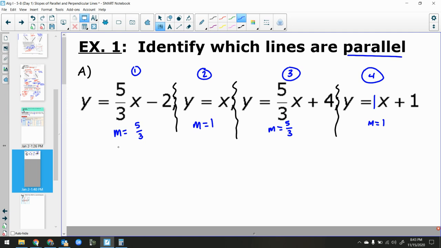All right, now the things that I have to check. Look, this slope is the same as this slope, so I'm going to conclude that 1 and 3 are parallel with one another. I just have to check and make sure that their y-intercepts are different, because if they're the same, then they're the same line, and that's not technically parallel.